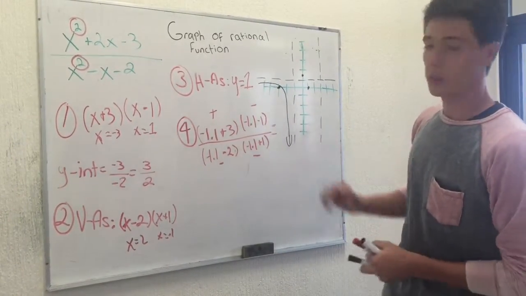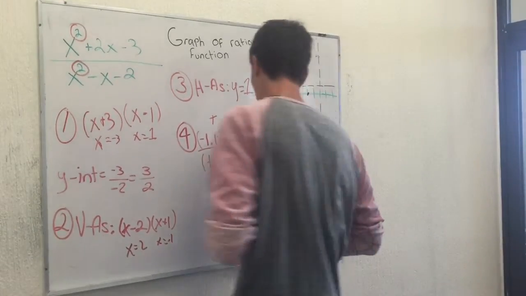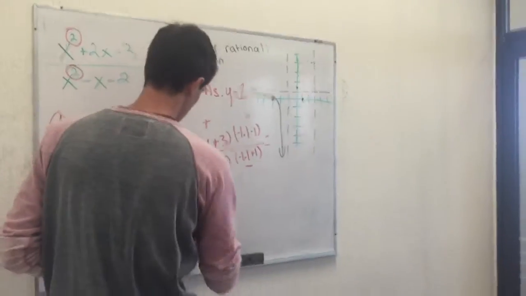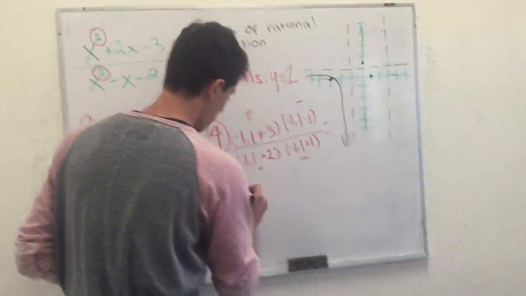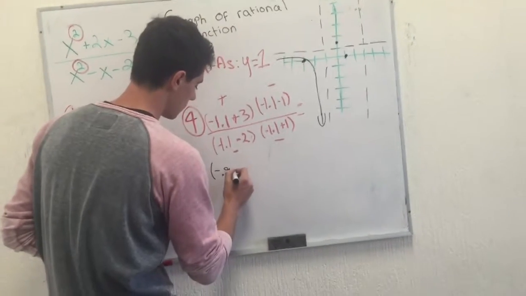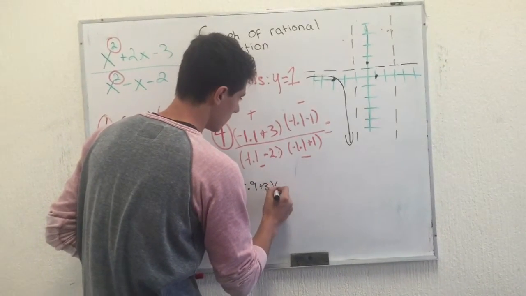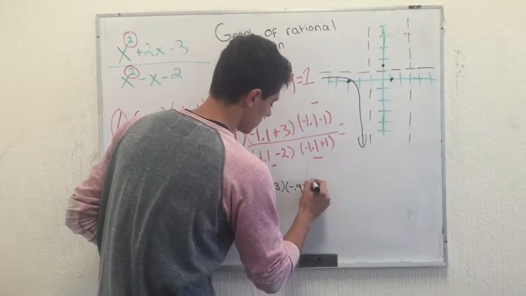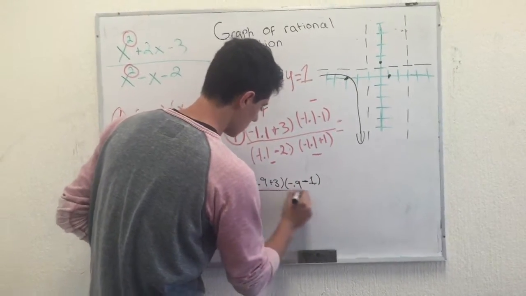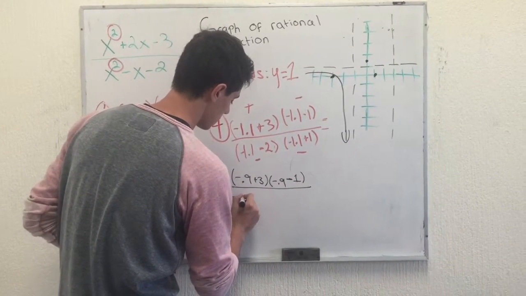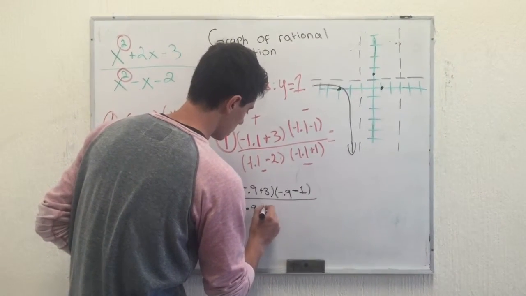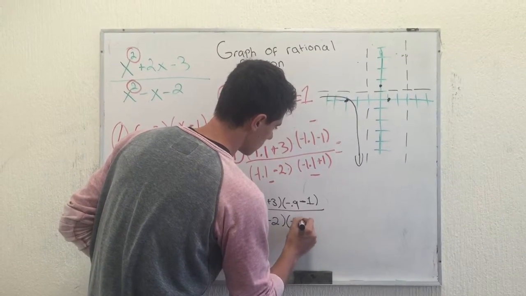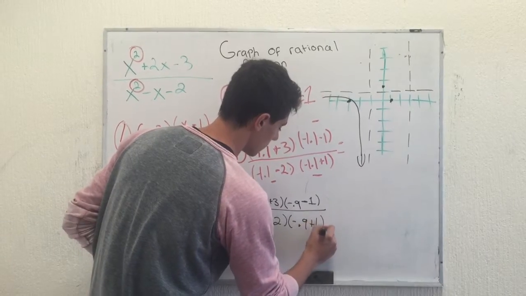Then let's do it with -0.9. So here we got -0.9 plus 3 times -0.9 minus 1, over -0.9 minus 2 times -0.9 plus 1.